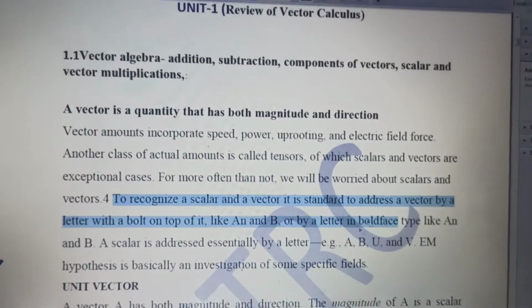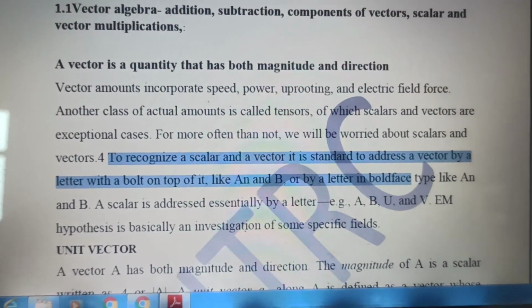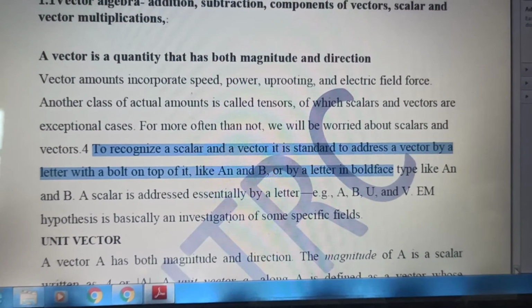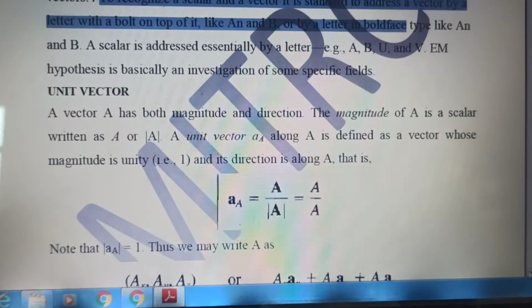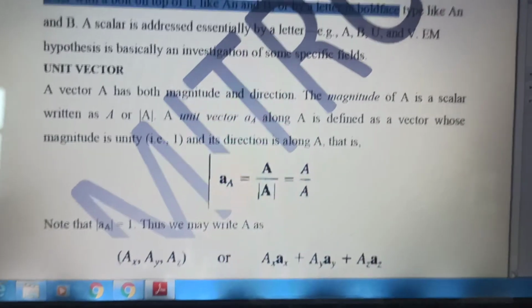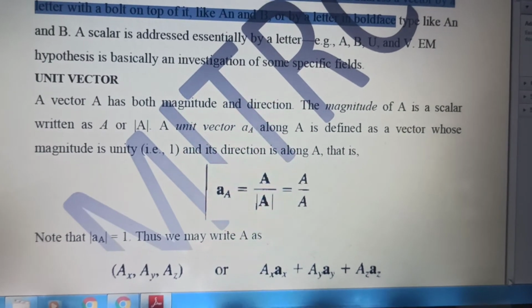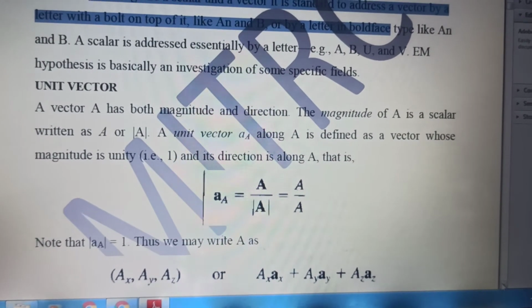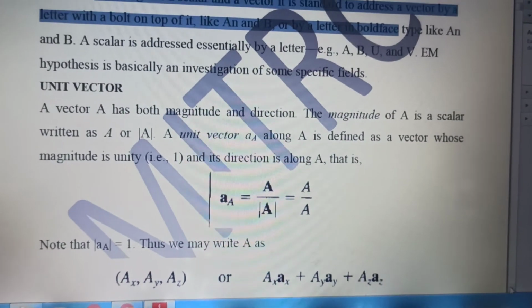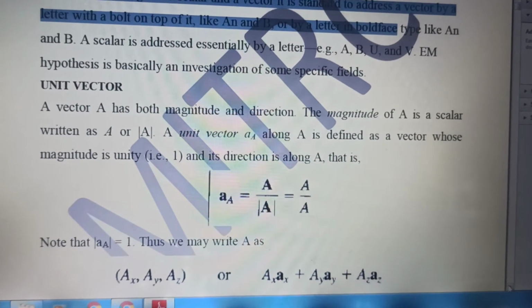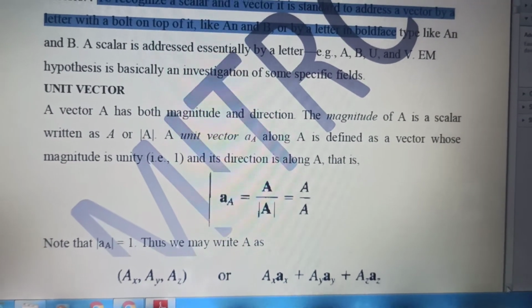Now I will scroll a bit, and we come to the unit vector. What exactly is a unit vector? A unit vector will enable us to find a direction.